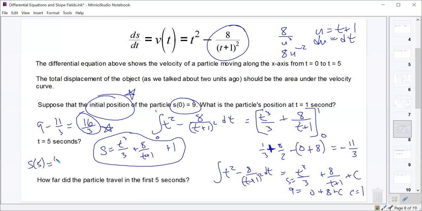Plug in 5, that's 125 thirds plus 8 sixths plus 1, which is what? 132 thirds or 44.